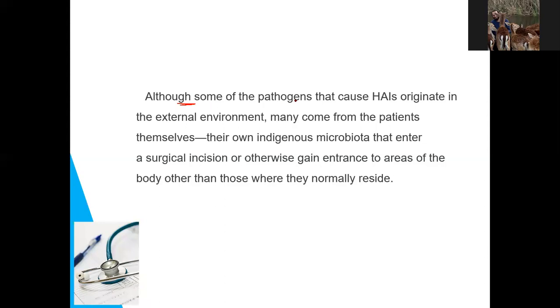Although some of the pathogens that cause health acquired infections originate in the external environment، في الغالب بيكون الانفكشوس ايجنت الباثوجين الميكروب جاي من خارج المستشفى from the external environment, but on the other hand many come from patients themselves, اللي احنا بنسميه patient microbiota أو indigenous microbiota أو flora, that enter a surgical incision, and this is one of the risk factors, surgery, or gain entrance to areas of the body other than where they normally reside.